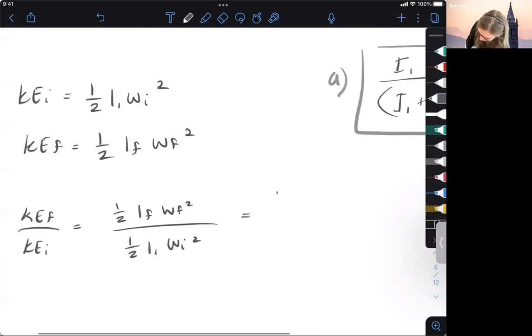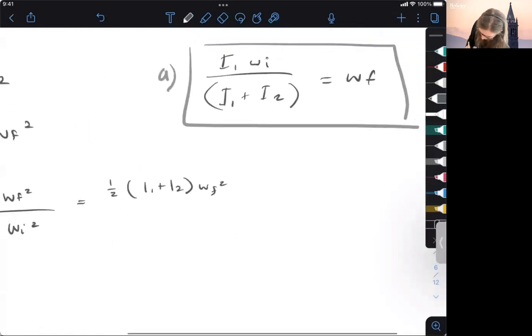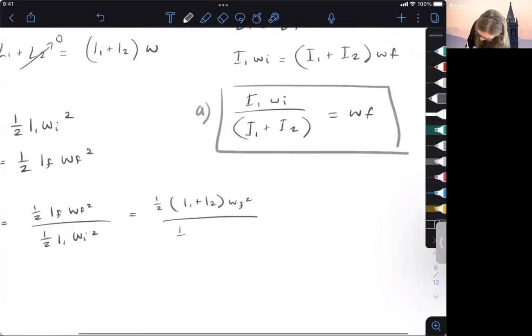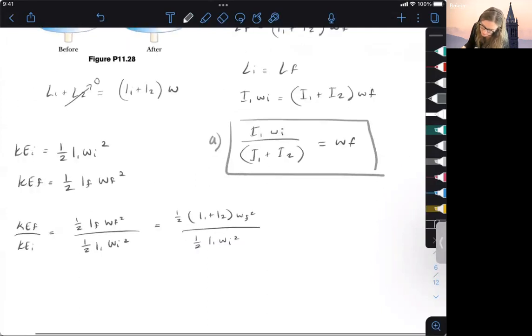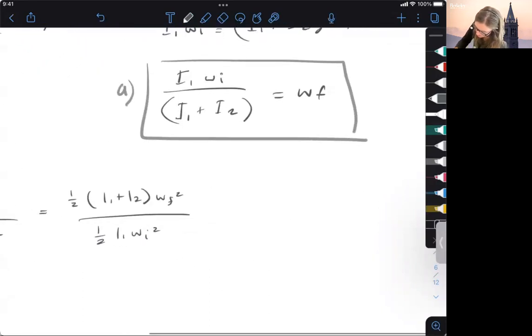So we're going to end up with 1/2 times I1 plus I2 times Wf squared, divided by 1/2 I1 Wi squared. We're going to be doing some algebra here because we found this Wf term, so we're going to be plugging it in. Let's see what else we can cancel from this expression.